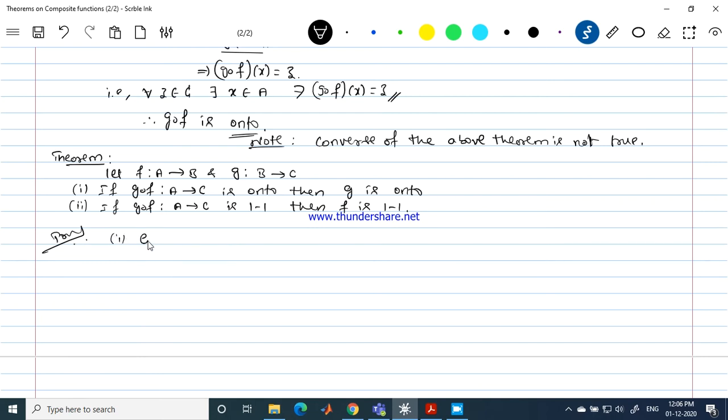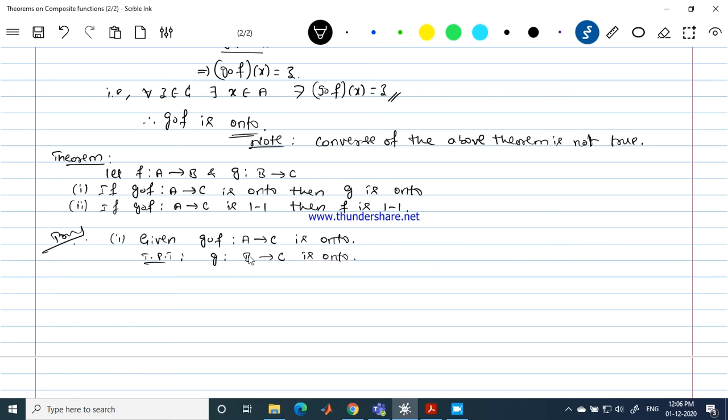For the first result, given f composition g is a function from A to C that is onto. To prove that the function g defined from set B to C is an onto function.